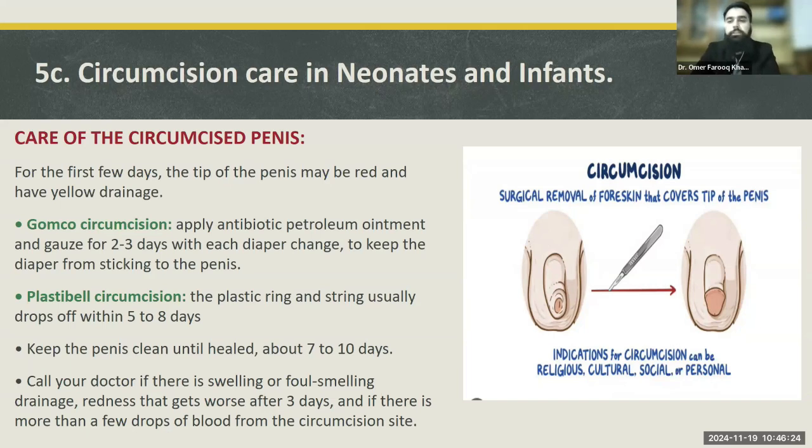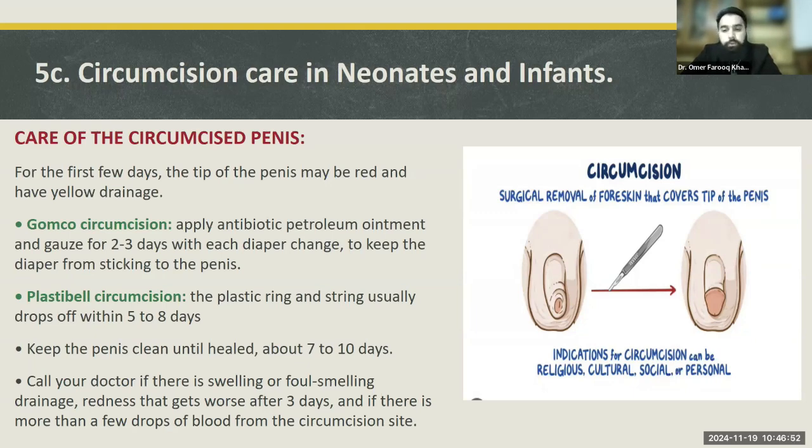Otherwise, circumcision, if done by a proper healthcare professional, is a very safe method, a very convenient method, and it is not painful for the baby at all. And circumcision should be done within the first 3 months of age, because as the baby grows older, the limb movement increases and the circumcision becomes painful.